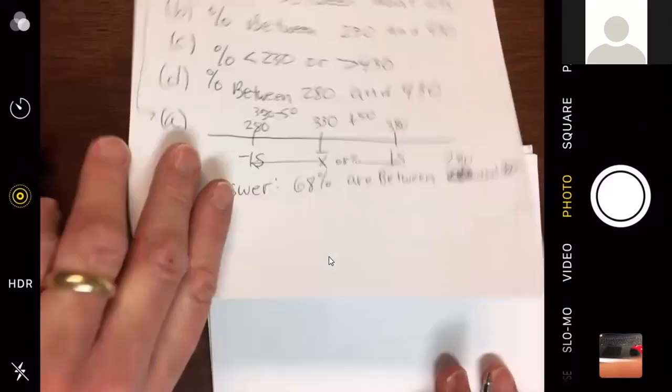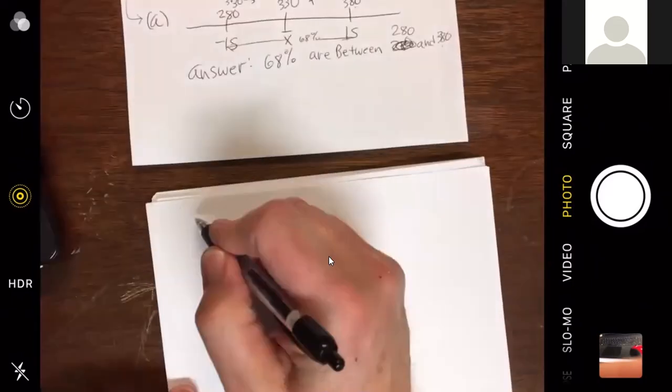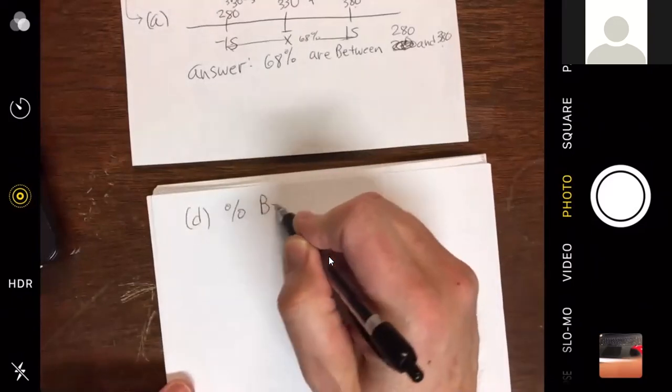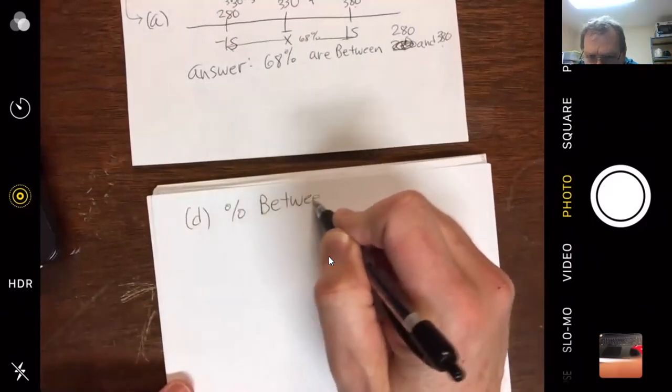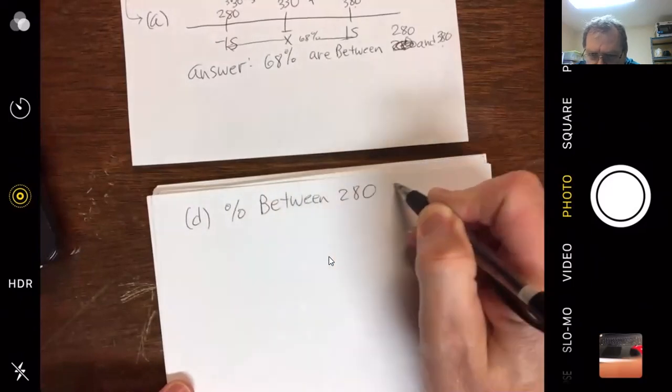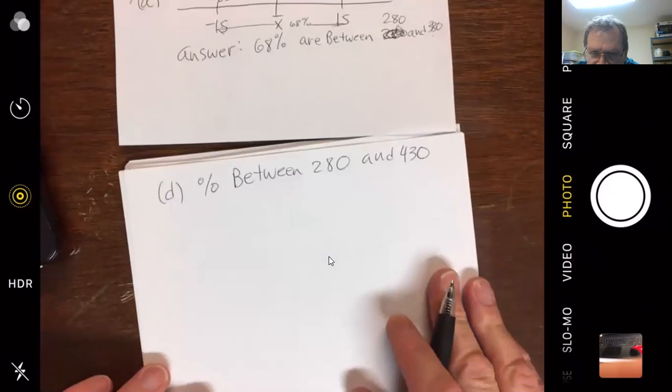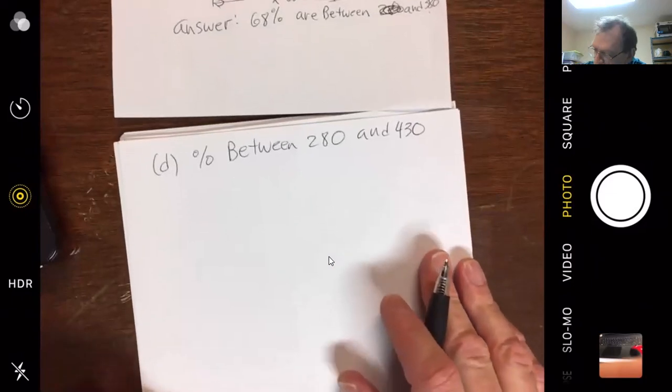Can't we just say, okay, since it's 280, then it will be one standard deviation, then it will be half of a 5%, then 2.5%. Is it that simple? It might be. I try to puzzle it out with the number line in the table, but yeah, it might be. Let's see if we get the same answer.